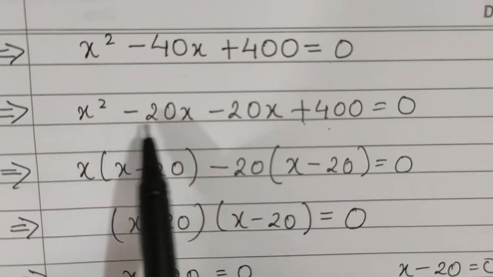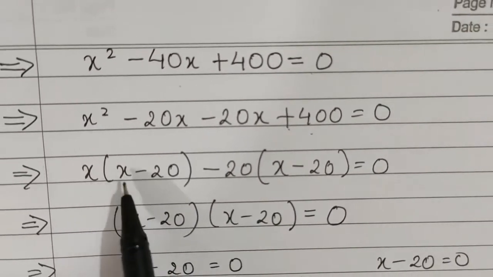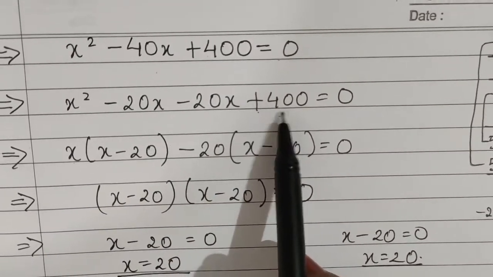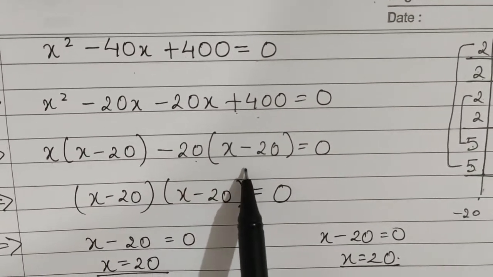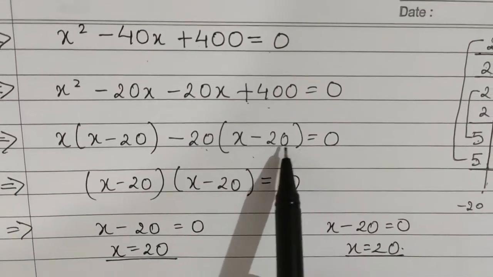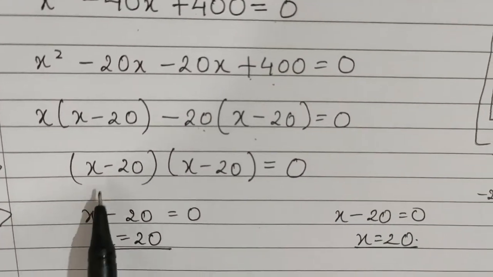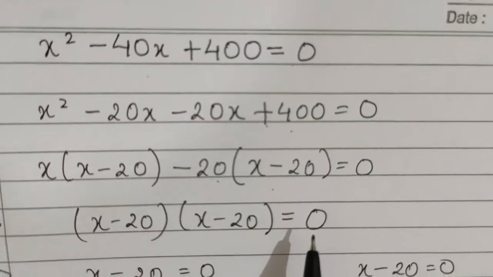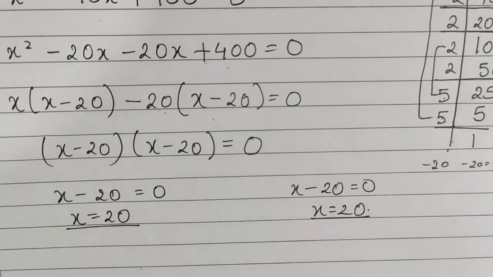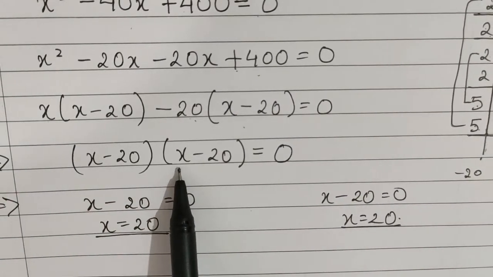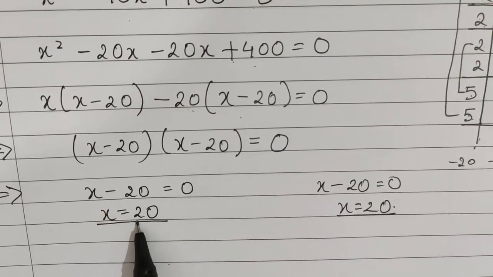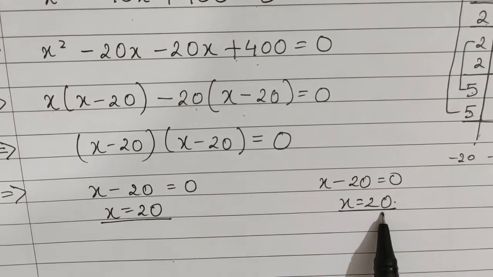Let us take x common from the first two terms: x multiplied by (x minus 20). From the third and fourth terms we take out minus 20 common: minus 20 (x minus 20) equals 0. Next we have (x minus 20) into (x minus 20) equals 0. From here we get the roots as x equals 20 and x equals 20.